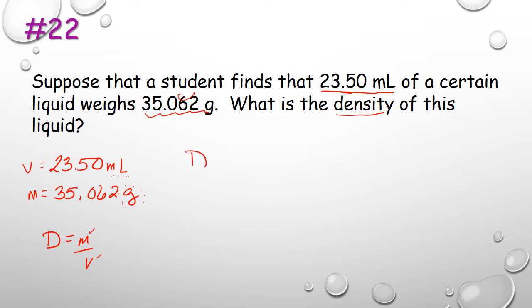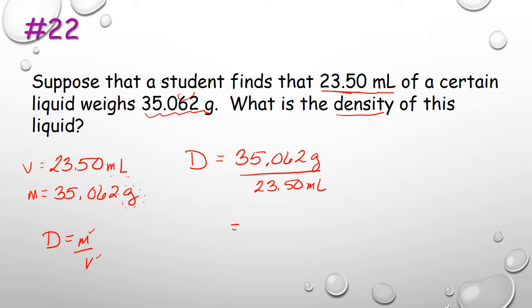I'm going to substitute these numbers in, so we have 35.062 grams for every 23.50 milliliters. And so now you just got to get out your handy dandy calculators, which I'm going to do, so I'm going to pause this.